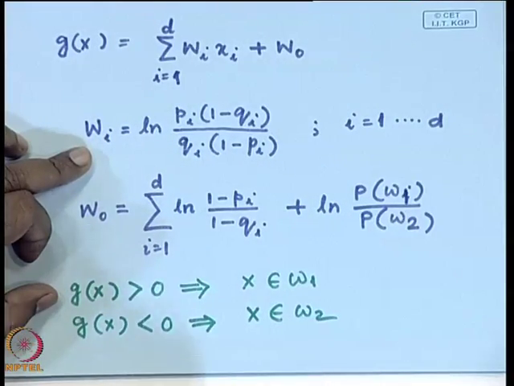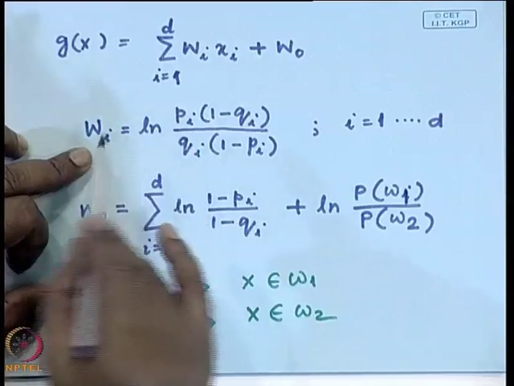So, it gives a vote equal to the corresponding weight in favor of class omega 1.